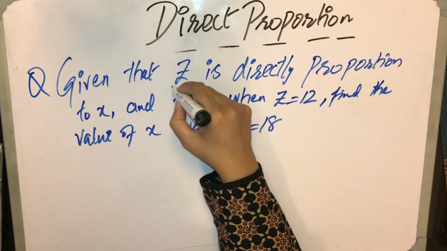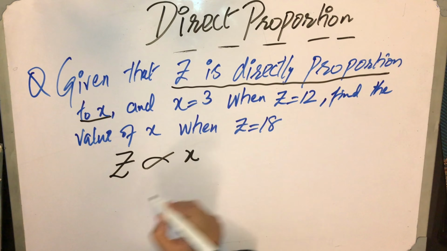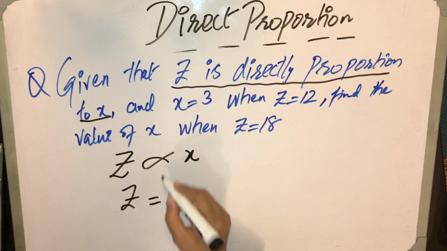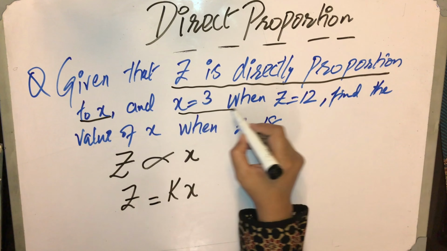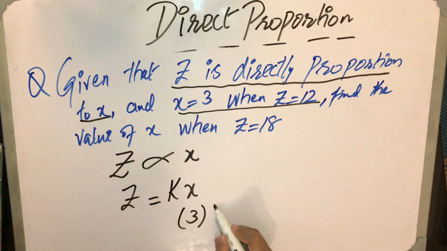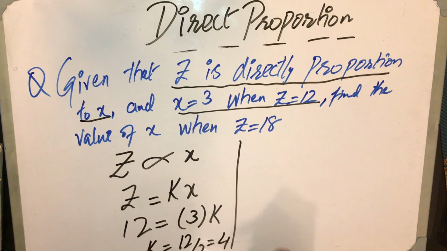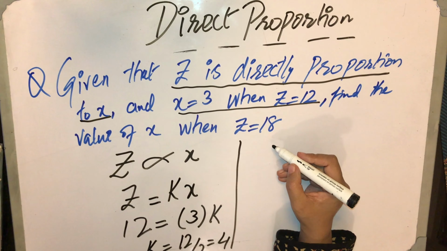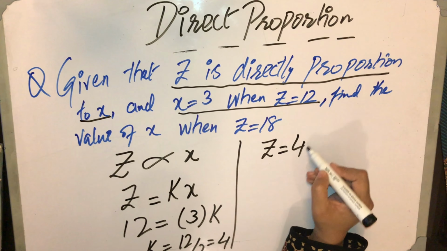Given that z is directly proportional to x, we shall remove this proportional sign, put k, and x is 3 when z is 12, this is the relation. k will be 12 over 3, that is 4. Coming back towards the equation, z equals, instead of k we shall write 4x.